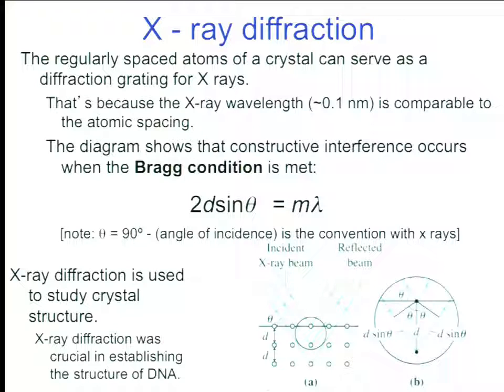So that angle is, let's see, this would be 90 degrees, and if that's theta, this is the complement of theta, and the complement of this is theta in here. Okay, and if this is the spacing between the planes, that's the hypotenuse.